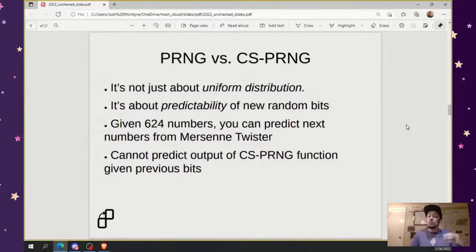Now, for a crypto-secure random source, no matter how many random numbers you take out of that source, you can't predict in any way what the next bits will be. And that's really important for key generation and that sort of thing.